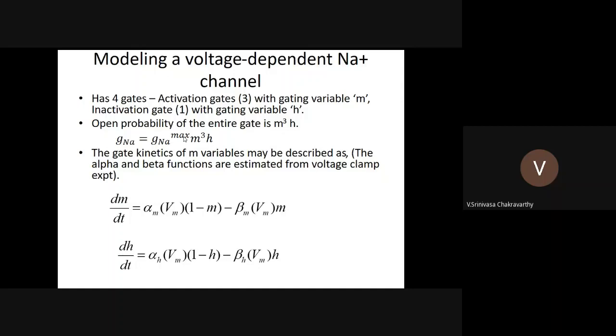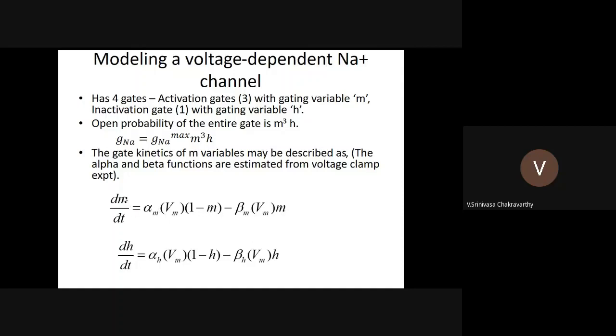Now m and h are gating variables of the gates within the sodium channel. Therefore, dm/dt is given by two functions, alpha and beta. This is very similar to the k plus and k minus equation form. In the Hodgkin-Huxley formulation, they use the expressions alpha and beta.